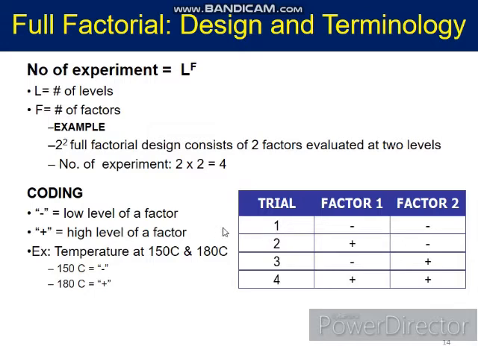For example, if you're running two factors and two levels, you have four experimental runs, one, two, three, four, and these are the settings for each experimental run. So it's a very systematic way of executing your experiment if you use a design of experiment, right?